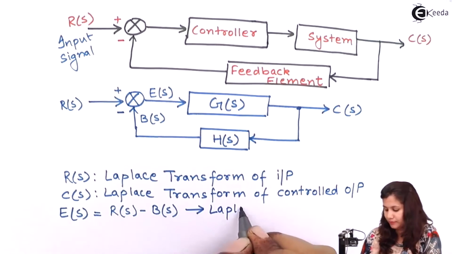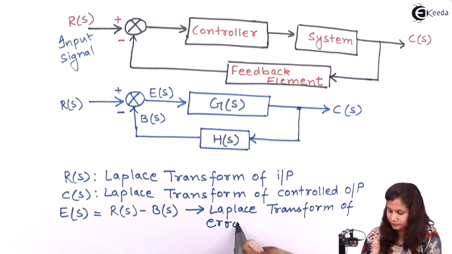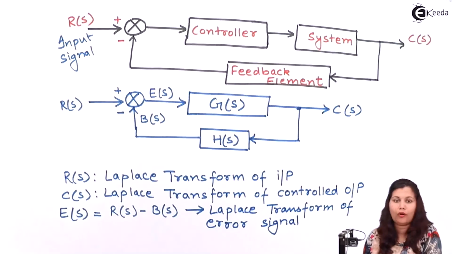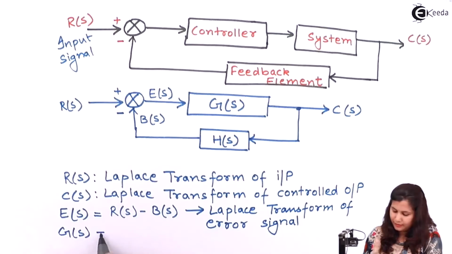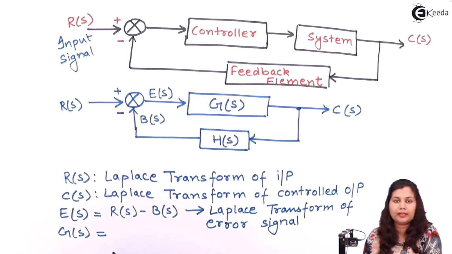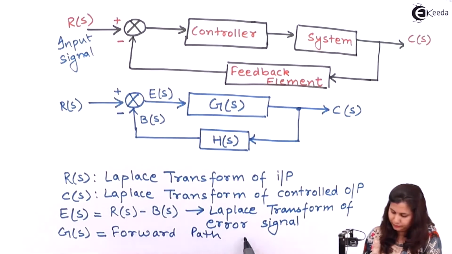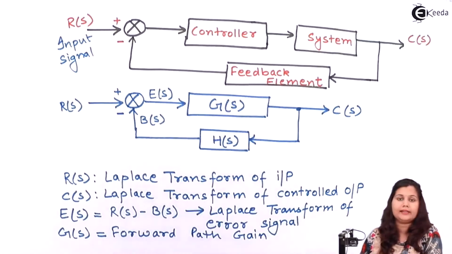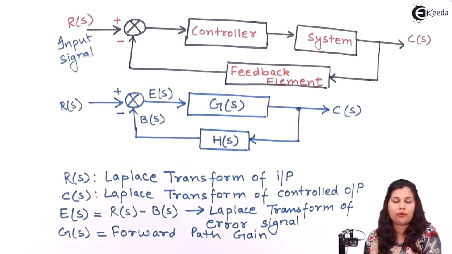It is the Laplace transform of the error signal. G(s) is the forward path gain or transfer function of the system. H(s) is the transfer function of the feedback element, and B(s) is the Laplace transform of the feedback signal.